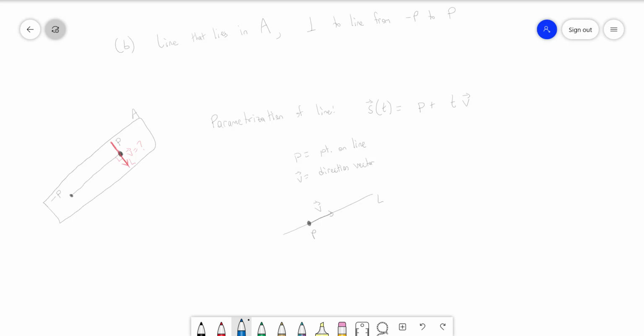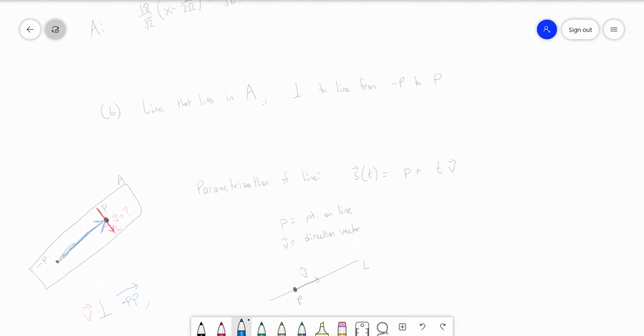So if I take the vector connecting from minus P to P, then the direction vector for the line that I am looking for needs to be perpendicular to the vector connecting from minus P to P. I'll write it like this for now. And since it's inside the tangent plane, it also has to be perpendicular to the normal vector of the tangent plane.